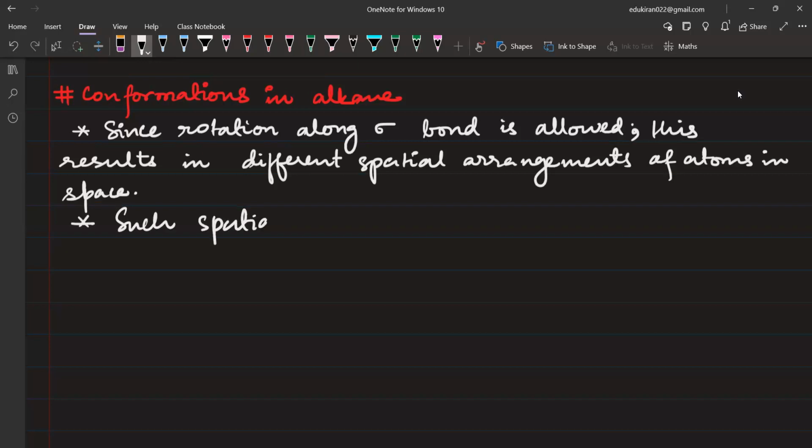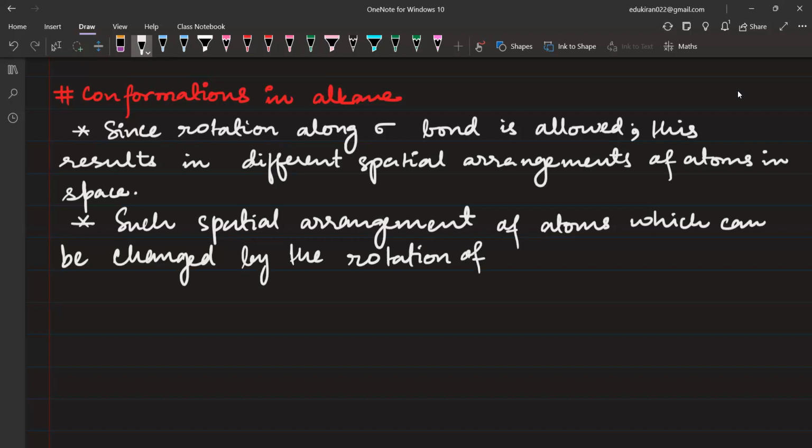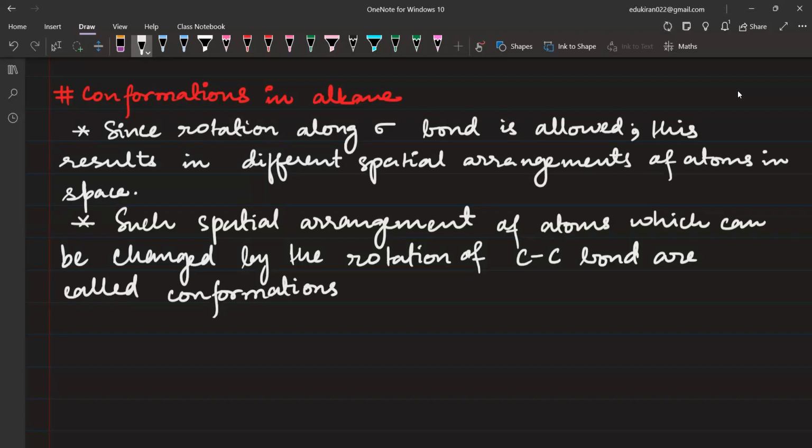Such spatial arrangement of atoms which can be changed by the rotation of CC bond are called conformations, conformers, and also known as rotamers.